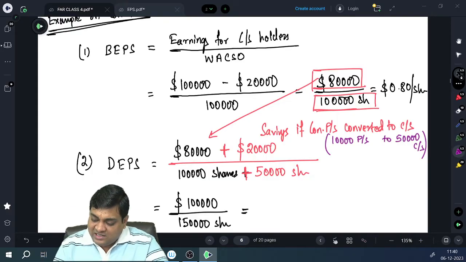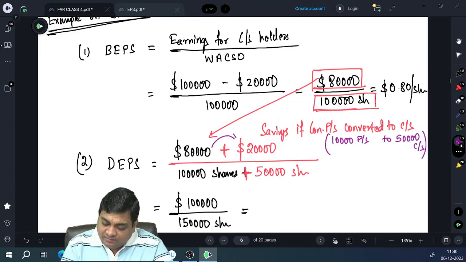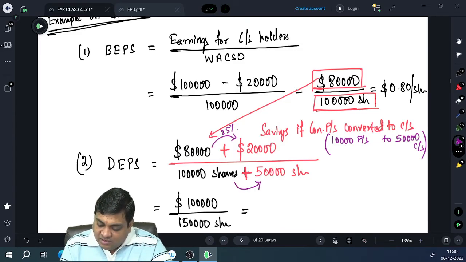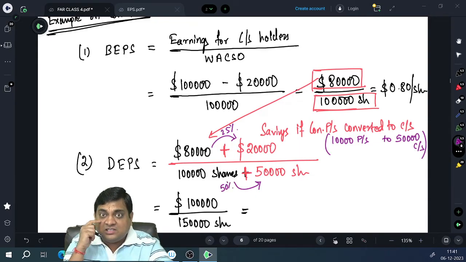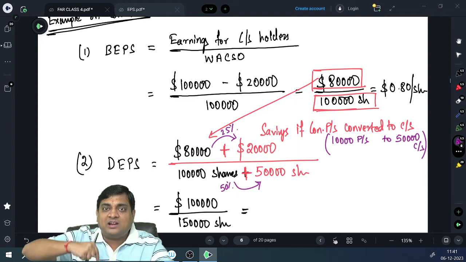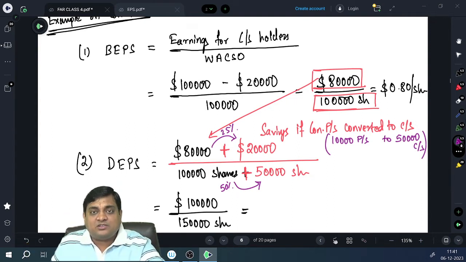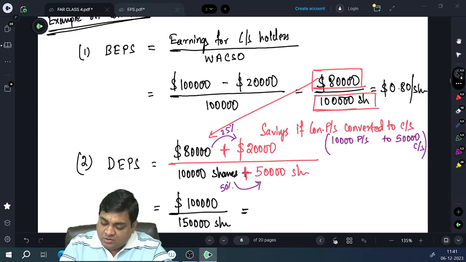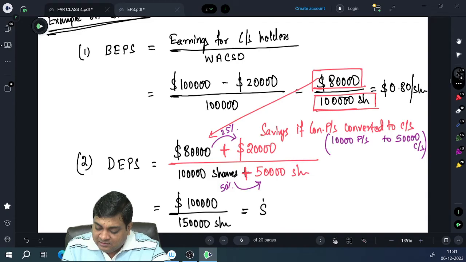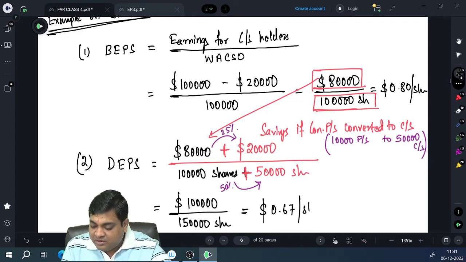Otherwise it is anti-dilutive. So as a result we are getting 0.67 per share.